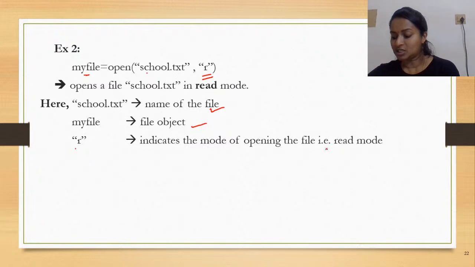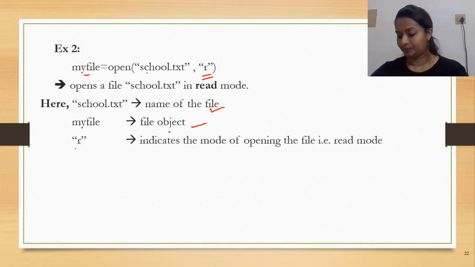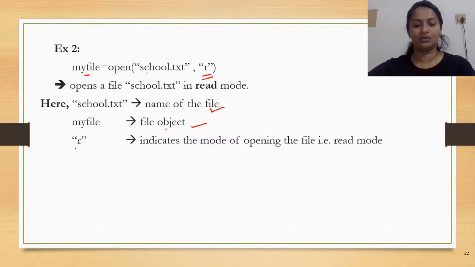So we'll be looking into, you didn't understand the append mode, please wait, Bhavana. We'll be coming to the different modes later on in the coming slides. After 2-3 slides, after all the examples related with the open function, we'll be looking into the access modes. Okay, fine. Just wait for a few more minutes.